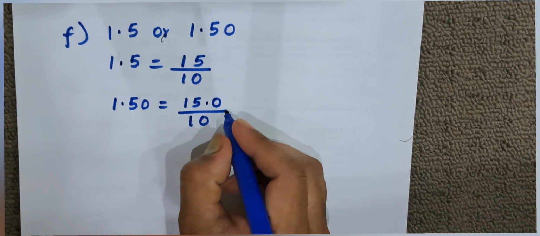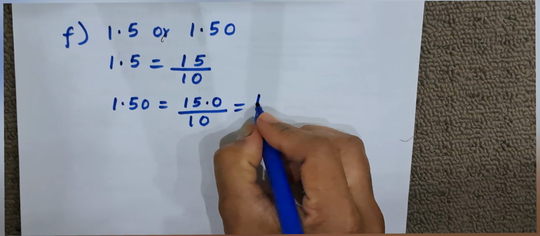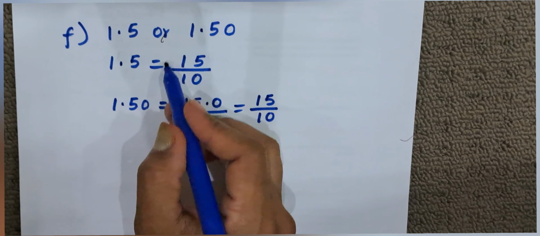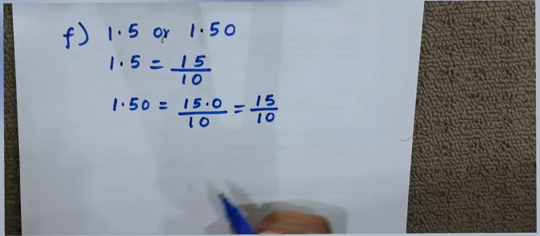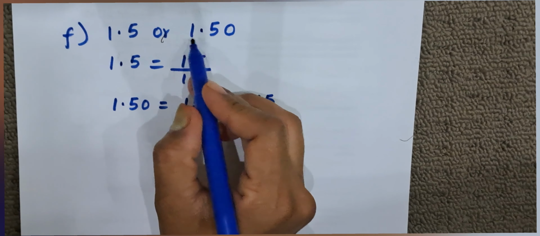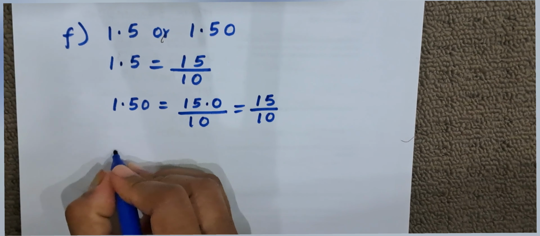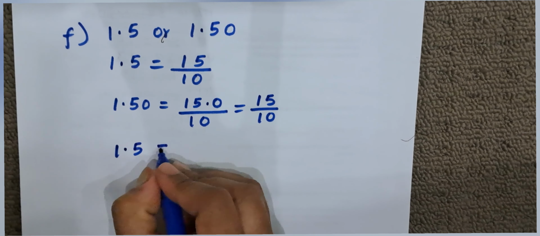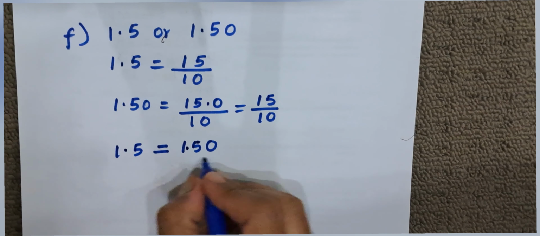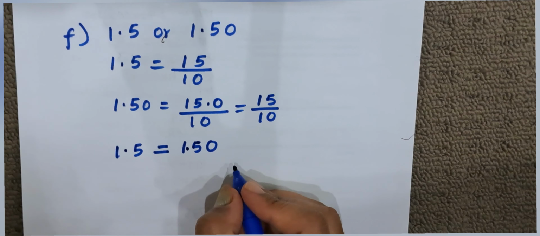Now 15.0 is nothing but 15 upon 10. Now the first number is 15 upon 10. The second number is also 15 upon 10. That means 1.5 and 1.50 are equal. We will write it as 1.5 is equal to 1.50. They both are equal, and this is the answer.